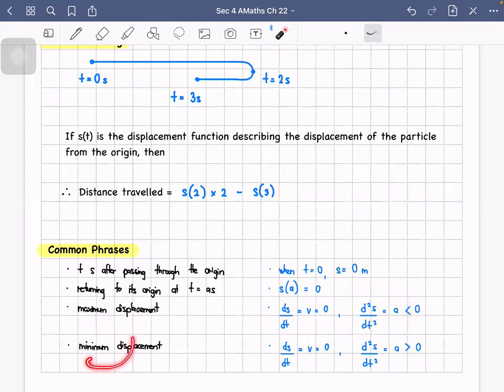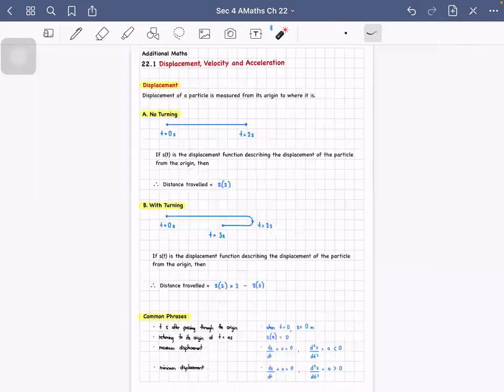And then same with this: velocity, or the derivative of displacement, or ds over dt, the derivative of displacement with respect to time, is equal to 0. So if your answer for your second derivative is positive, that means it's a minimum displacement. I hope you still remember your maximum and minimum point topic before, because it also applies here.